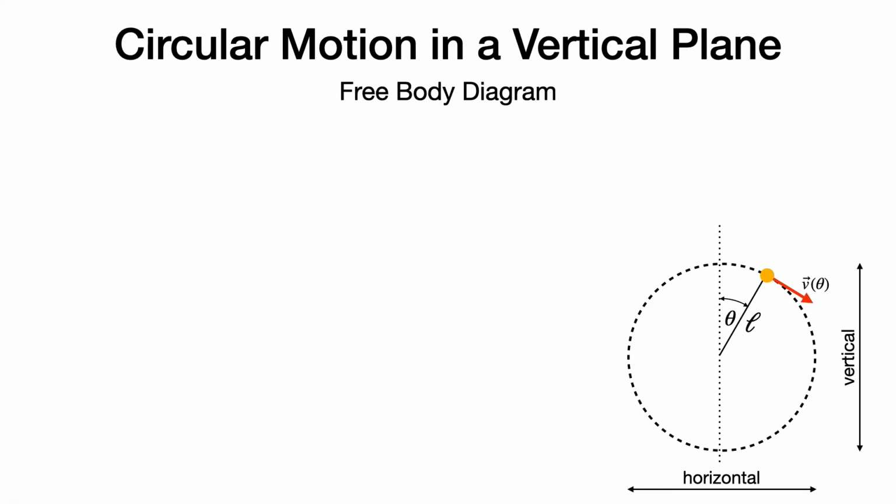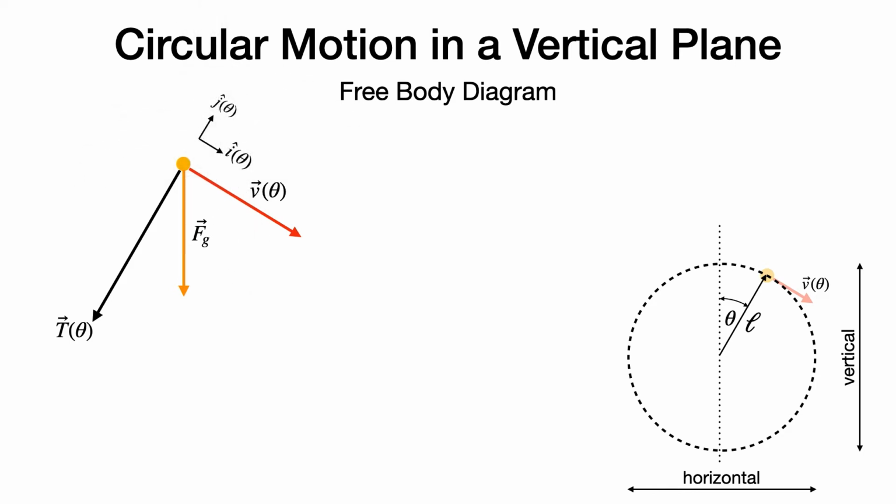Let's consider a free body diagram for the mass on the end of the string. We see the velocity here. We're drawing this just to give us an indication of the direction, but there will be a tension acting along the radial direction, and there will be the force of gravity acting down. We want to decompose the forces acting on the mass into those which are parallel and perpendicular to the direction of the centripetal acceleration.